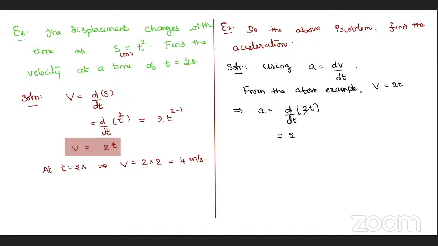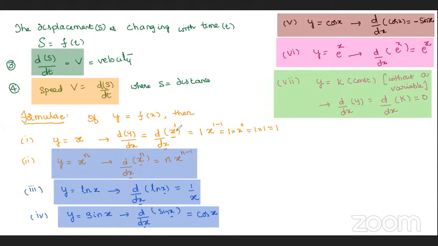Then 2 taken out. What is left inside? Only t. Both are same terms, power 1. Already I explained here. If the power is 1 and same terms, you will get 1. d by dx of x is 1.